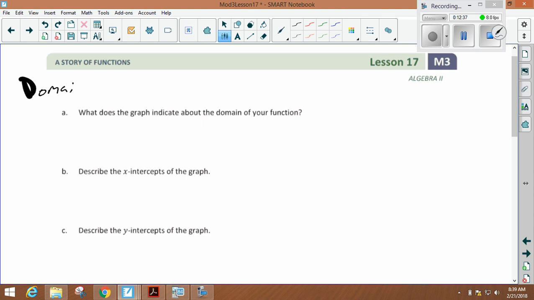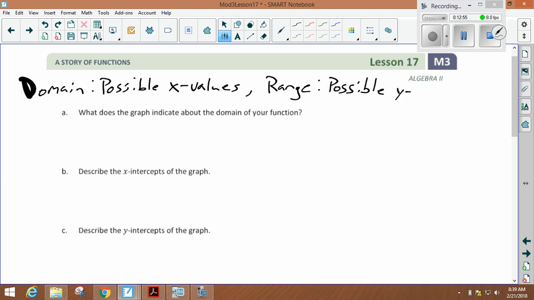Our domain is all of our possible x values, and our range is all of our possible y values. Little refresher, sometimes we forget these things. So our graph is never going to touch 0. It's never going to be less than 0.